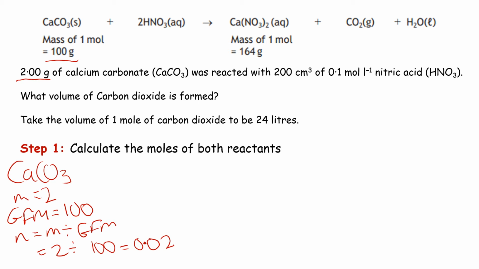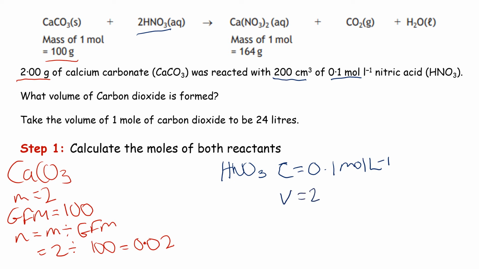Now we're going to look at our nitric acid. We've been told 200 centimetres cubed and 0.1. So for HNO3, what we've got is a concentration equals 0.1 mole per litre, and we've got a volume of 200. Now that's centimetres cubed. We do not like centimetres cubed.